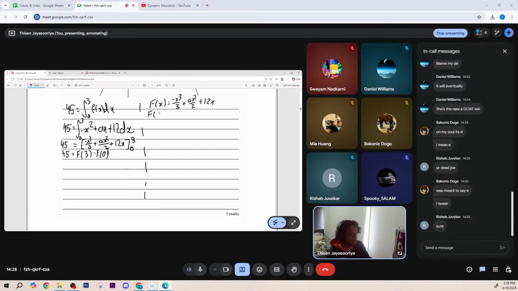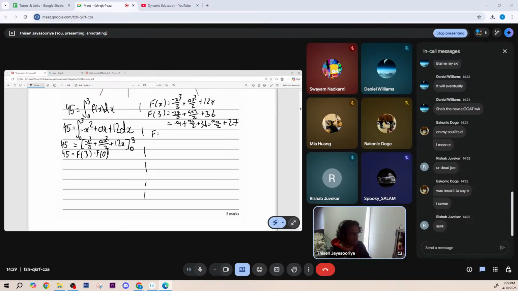So we get F of 3 equals negative 27 over 3 plus a times 9 over 2 plus 36. If we add these together, we get negative 9 plus 9a over 2 plus 36, which is just 9a over 2 plus 27.